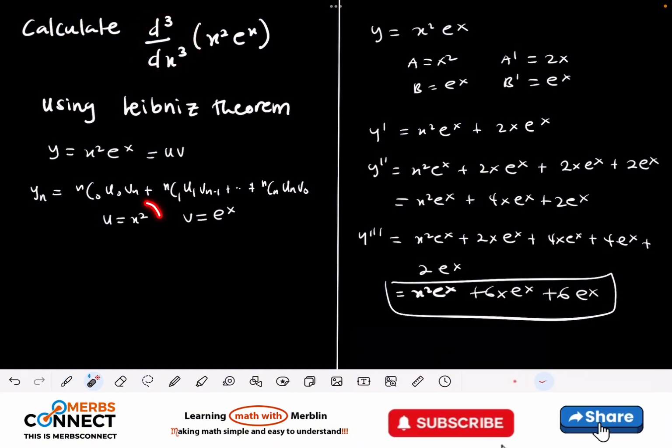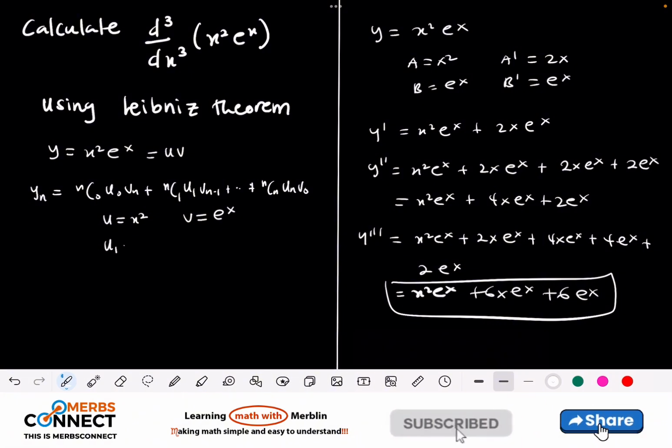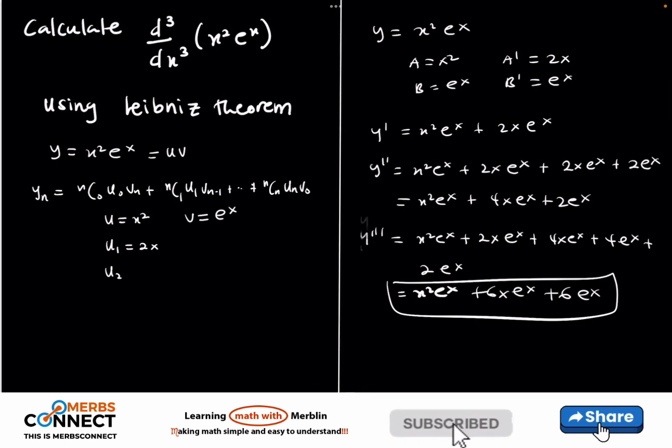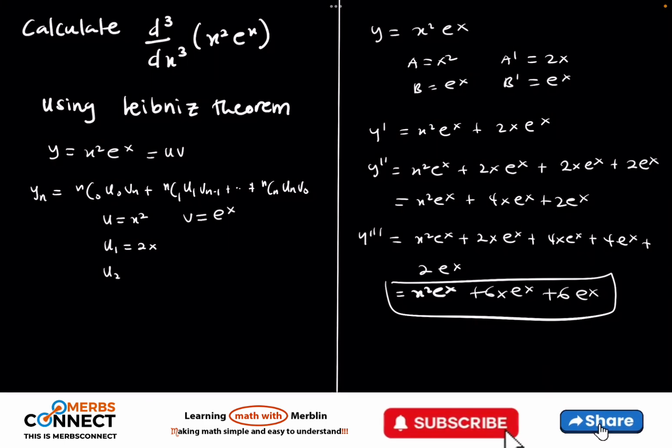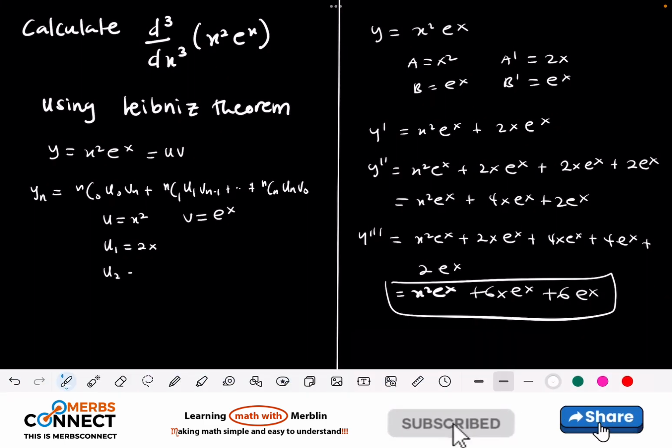We are going to differentiate u to the third term, and v the same. So I'm going to have u_1, which is going to be 2x, u_2, which is going to be 2. And when I go to u_3, what happens? Guess what happens at u_3?